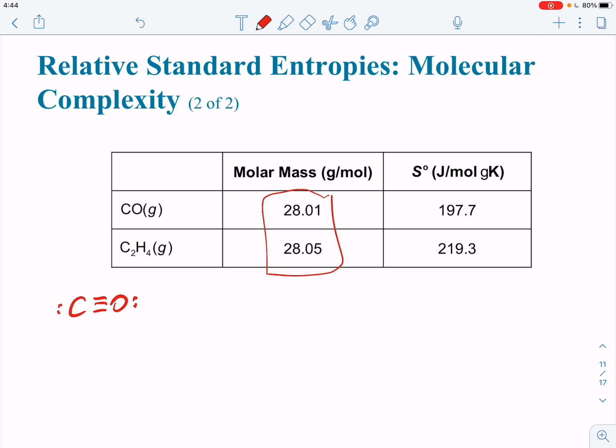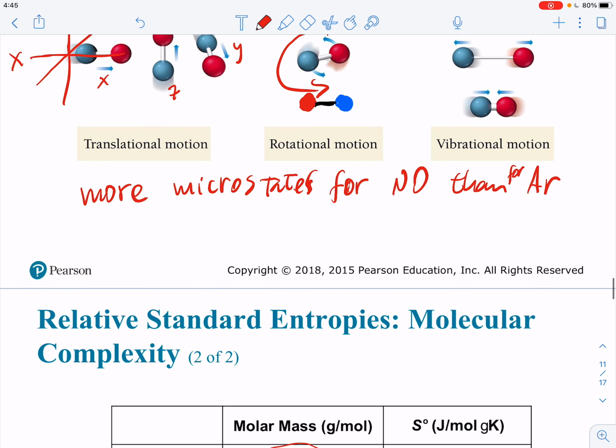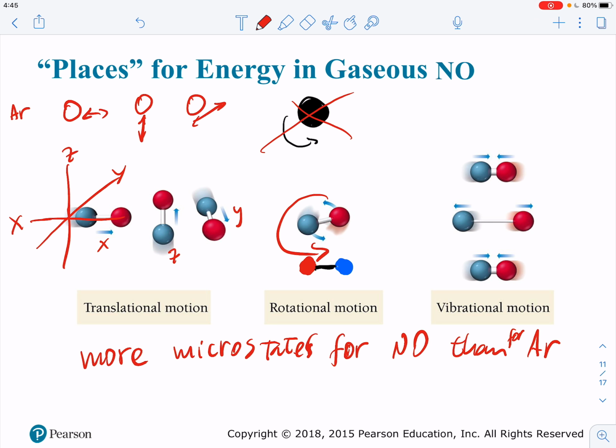We have C2H4. You don't really need to know this, but the structure of this molecule is this one. What we are really looking at here is that in every one of those situations, the molecule moving, the rotation, but particularly the vibrational motion of those bonds, if you have one bond, you have all of that.